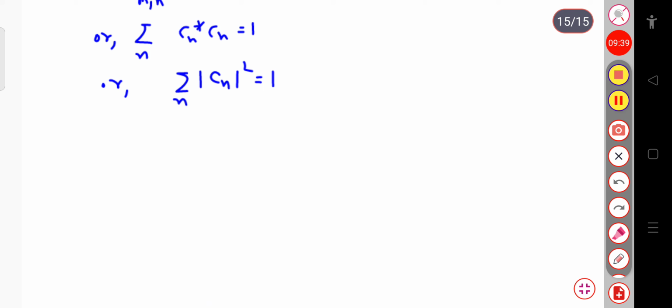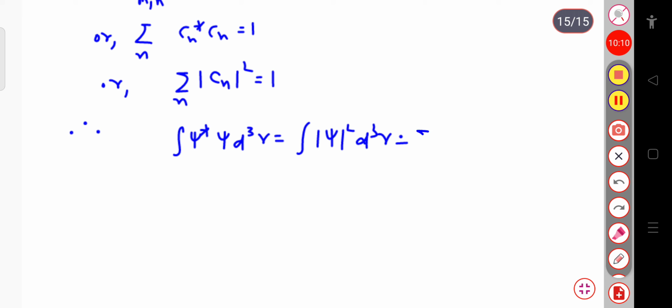Therefore we can write the integration over psi star psi dqr, also written as the integration over modulus of psi square dqr, that is equal to sum over n modulus of Cn square, that is equal to 1.